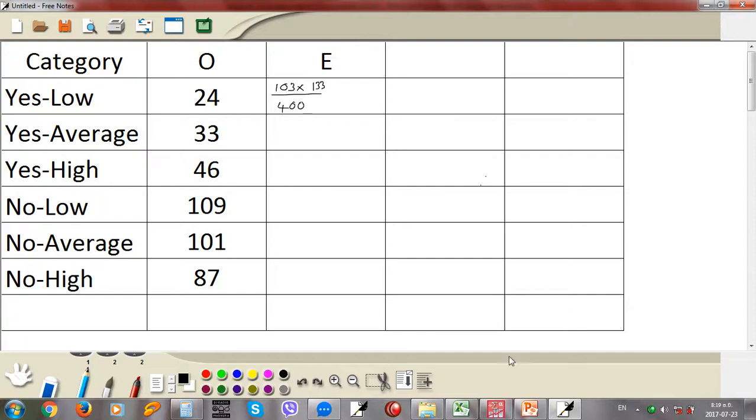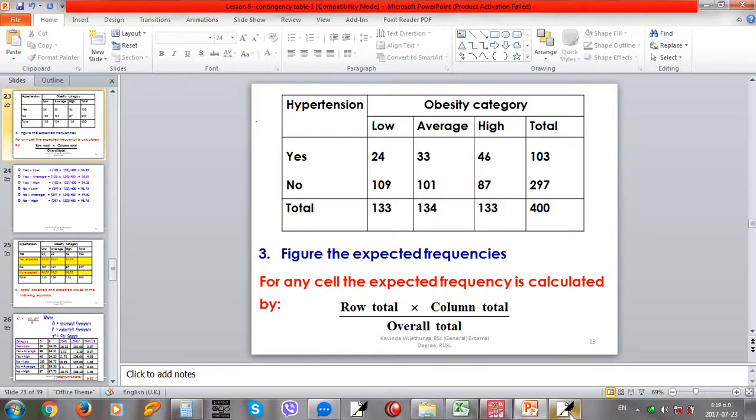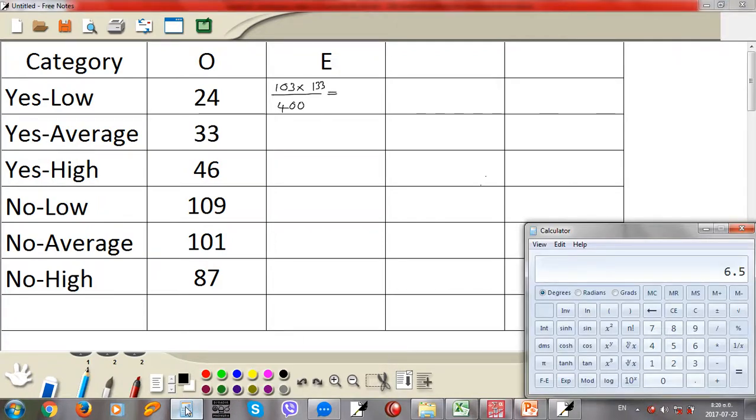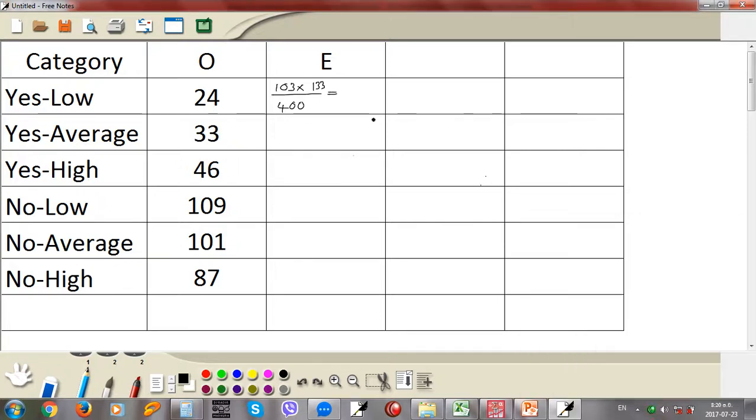So 103 multiplied by 133 divided by 400 is 34.25.